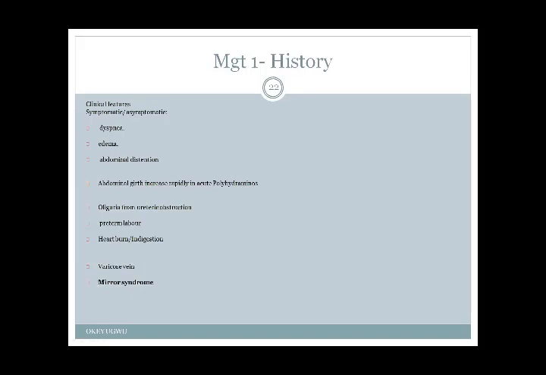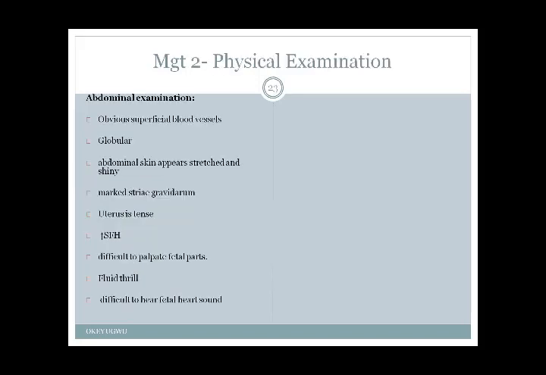And anemia emerges in cases where the mother is affected with blood disorders. On abdominal examination, what we are going to observe are obvious superficial blood vessels, a globular abdomen, and abdominal skin that appears stretched and shiny. This is very important. Marked striae gravidarum, because stretch marks are aggravated by the intrauterine pressure.